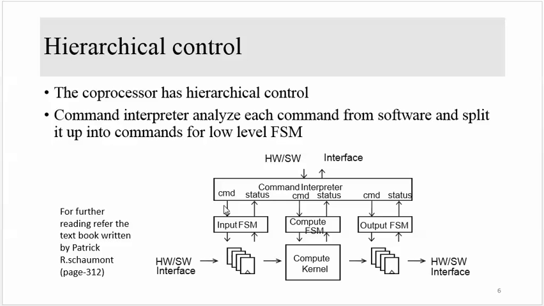In hierarchical control, we use a simple start-done handshake for unitary components on the hierarchy. It has a hierarchy of controllers which allow independent control of the input buffering, the computation, and the output buffering.